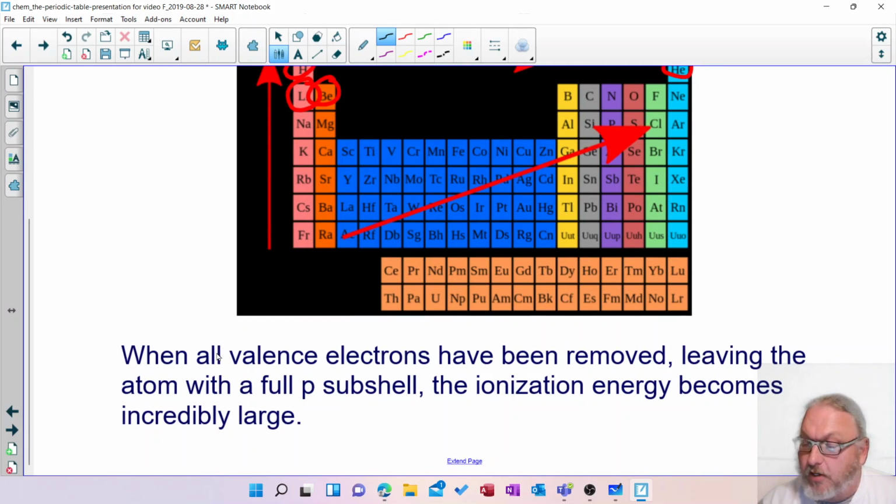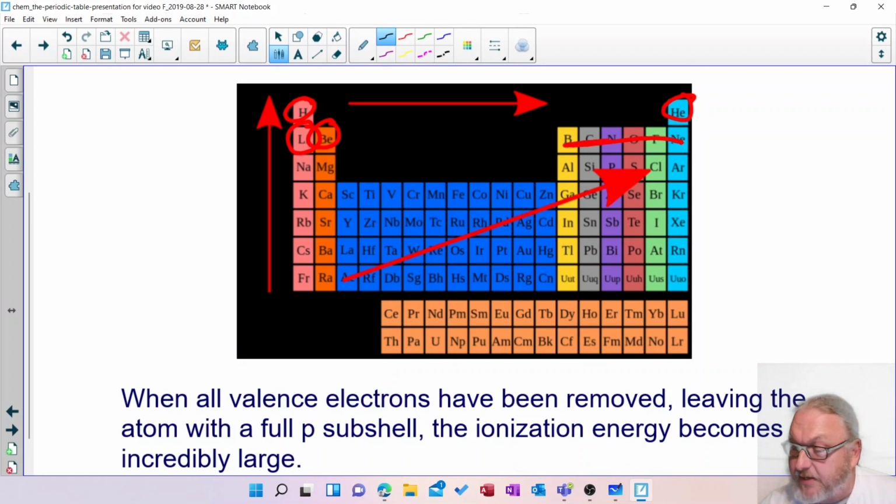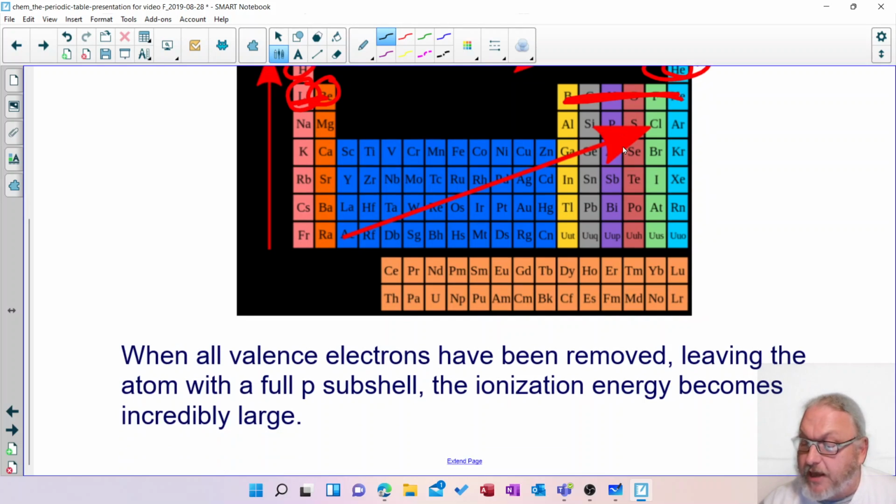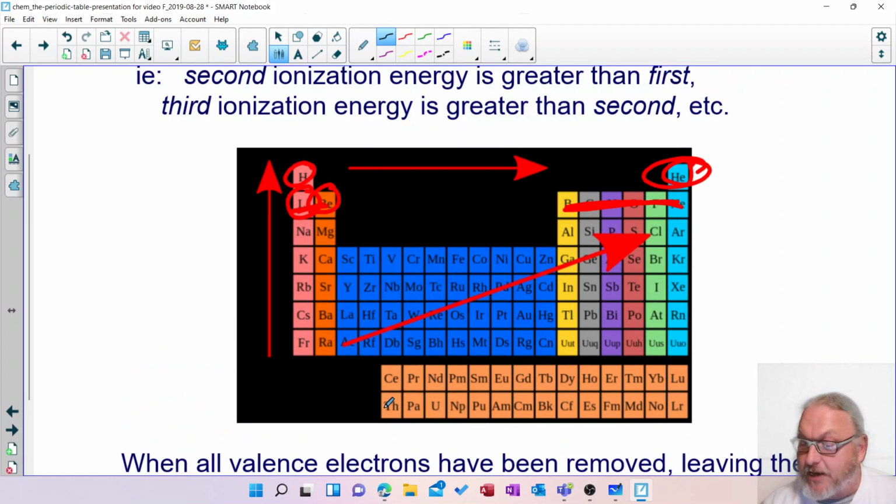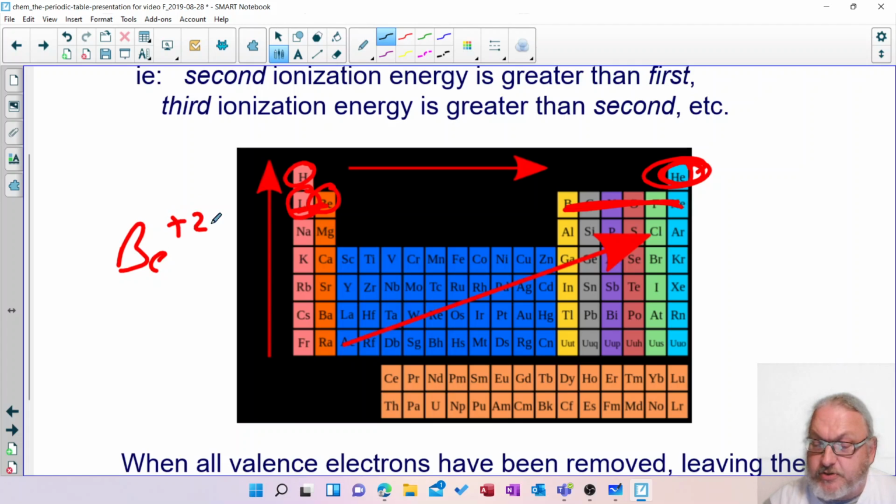So when all valence electrons have been removed, all these right here and right there, then we're going to have a noble gas configuration, all right? And then it's going to take a lot of energy to remove an electron once it gets into its noble gas configuration. So once beryllium, in group 2, gives up its first electron and its second electron, now it's got a Be plus 2 cation.